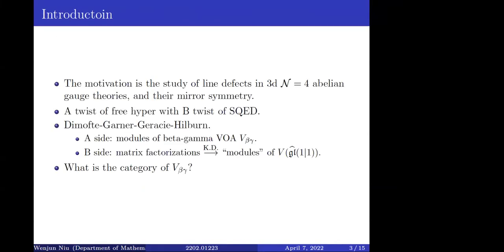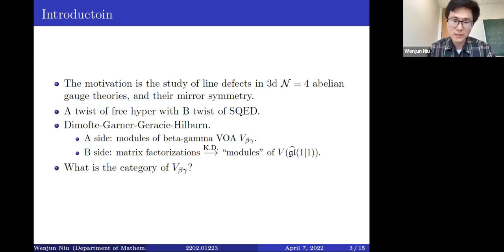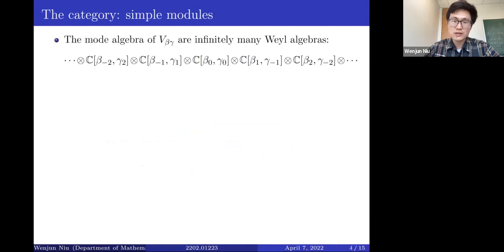I understand better this language of D-modules. So the actual 3D N=4 gauge theory, the statement is that this category of line operators looks like D-modules on the loop space, and this interpretation comes from the infinite tensor product of algebras.